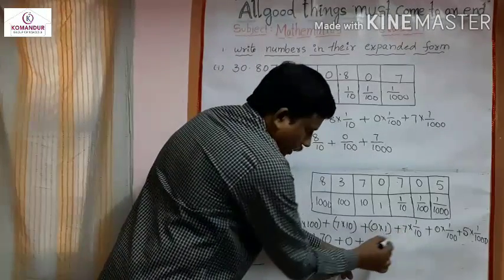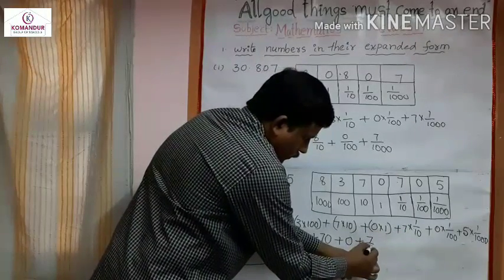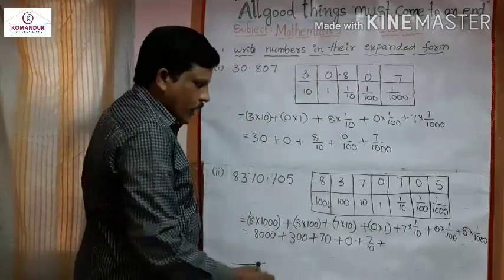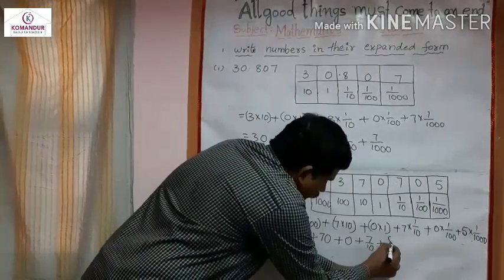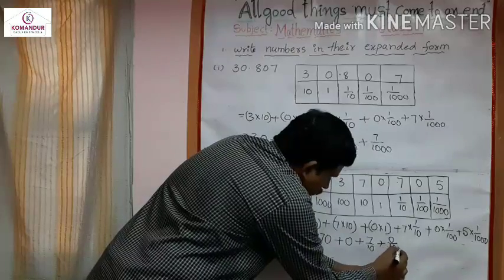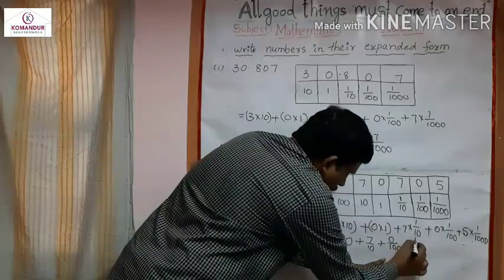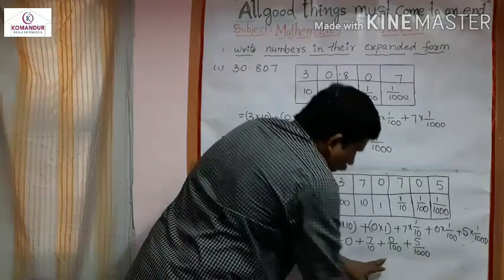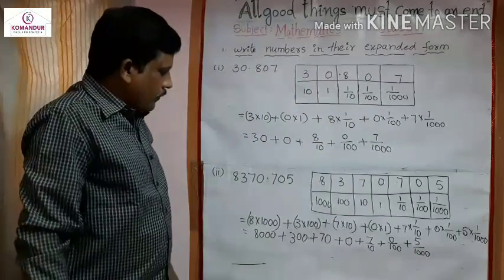Now 7 by 10, then 0 by 100, and the last one 5 by 1000. So that is the expanded form.